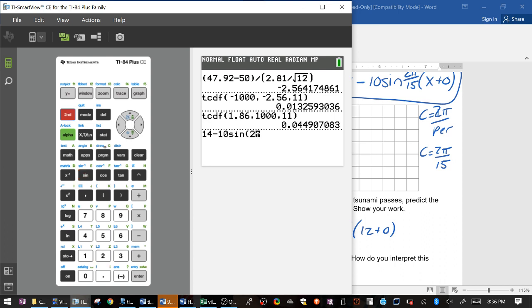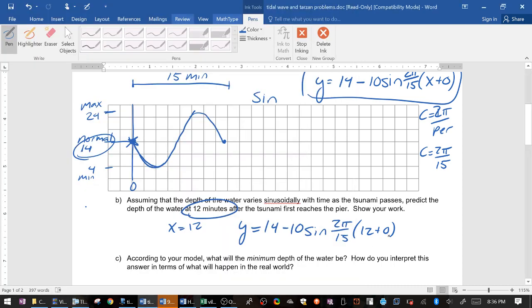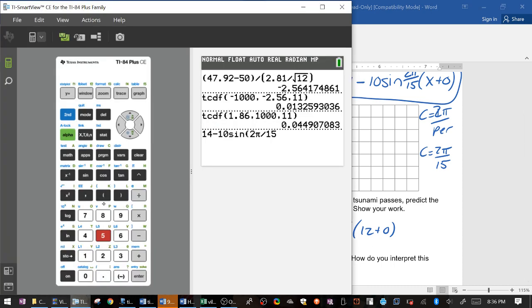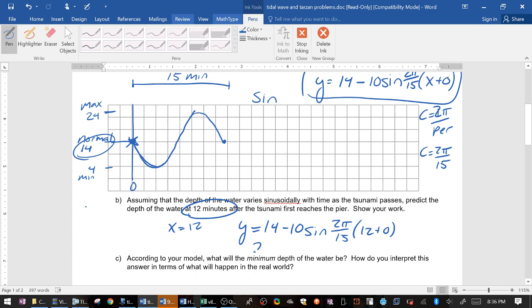So 2 pi over 15. And then after that, I get another set of parentheses. So I'm going to do another set of parentheses and just type in 12. Close that, and then close the argument. All that work, push enter, and my y value is 23.51. So 23.51 feet.